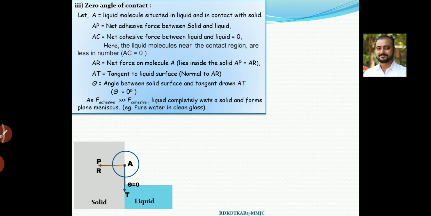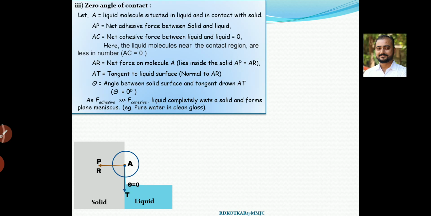In this manner, we can say the adhesive force acting on molecule A should be very, very much greater as compared to the cohesive force acting on the liquid molecule. Why is this so? Because there is no presence of liquid molecules around molecule A, and that's why the adhesive force is very strong.